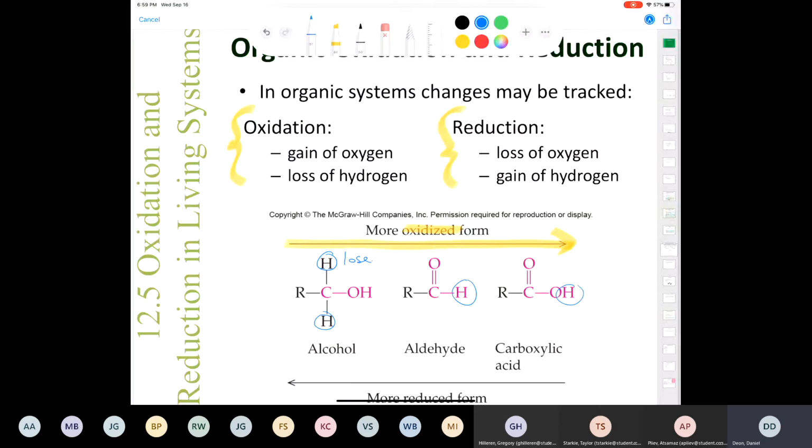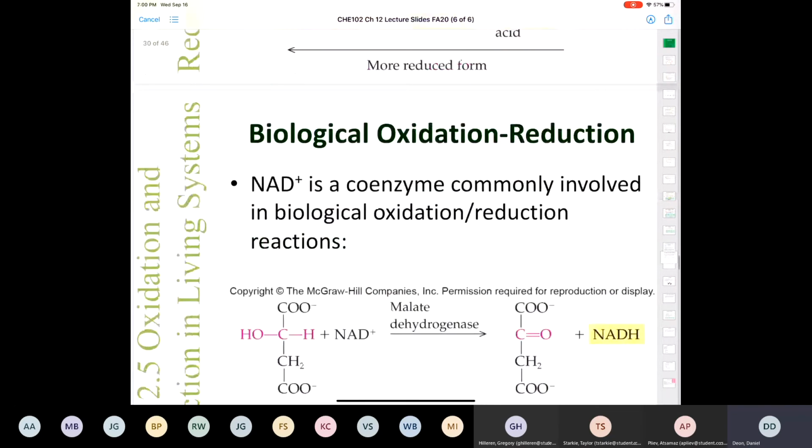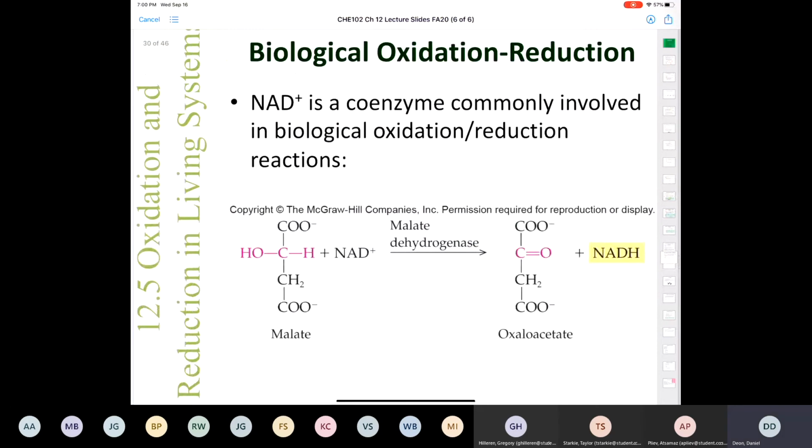We still have 1 hydrogen, but what did we do? We gained an oxygen. We gained this oxygen right here. And that's the kind of mindset you want to have in this class when we're talking about oxidation and reduction.